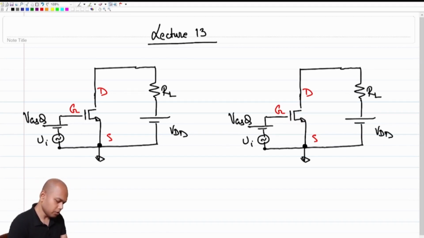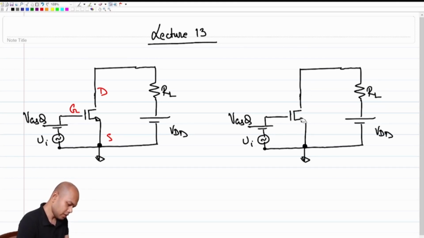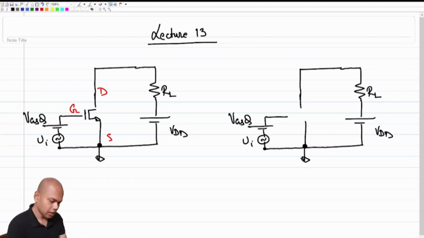So what should you do in order to get the incremental equivalent? You should first replace the nonlinear device with its linearized equivalent.